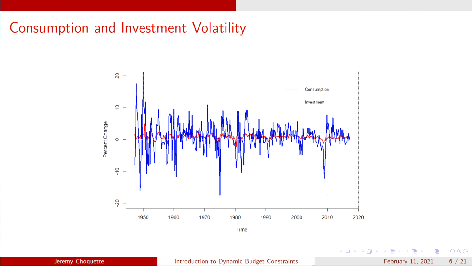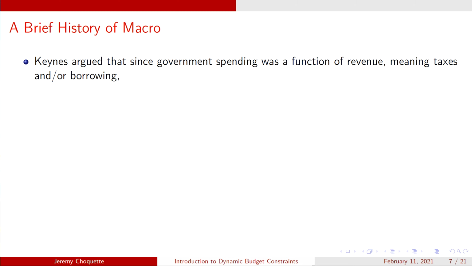When we look at consumption, though, I doubt any of these are even remotely close to 5%. So that tells us something interesting. It says consumption is a really stable component and investment is really volatile. So why is investment as volatile as it is? Well, we can get to that in a second.